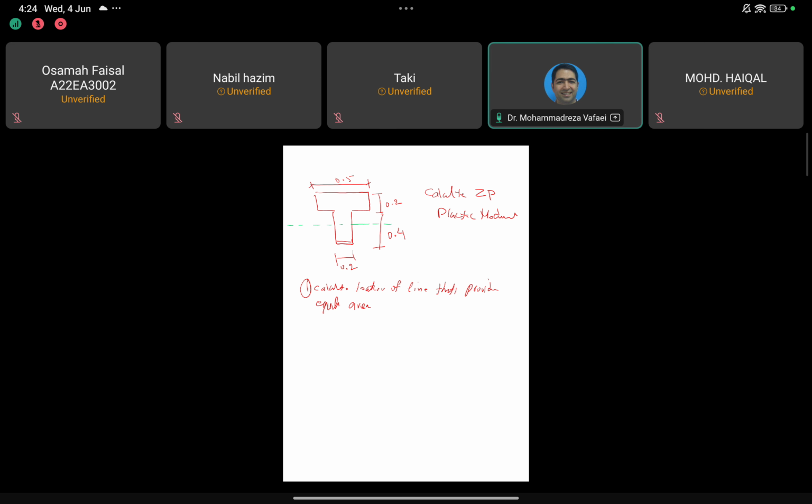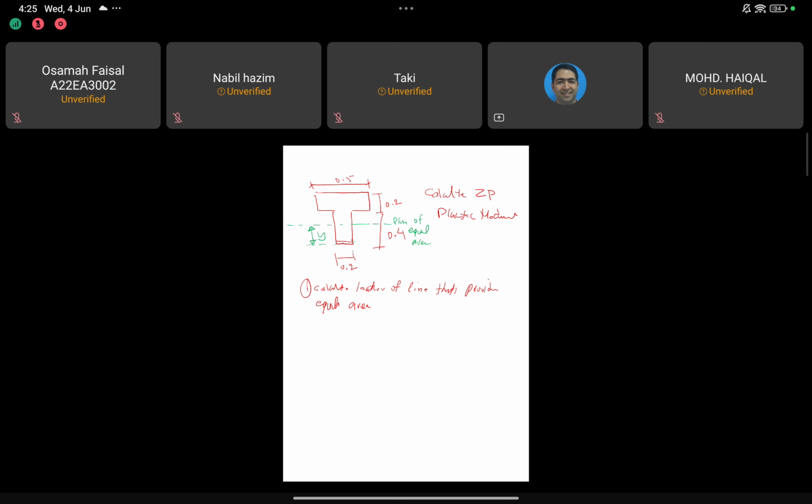Let's say I assume it to be here, and from the bottom to this line, which is the line of equal area, I assume the distance to be y. So this is from here to here. So I need to see how much is y in the first step.